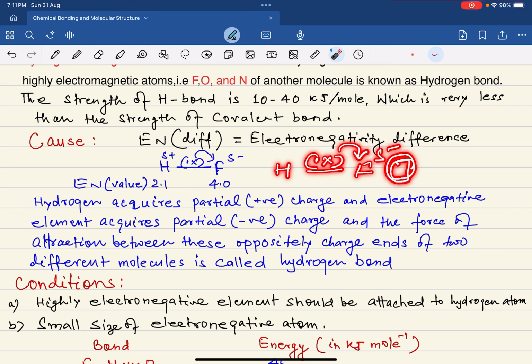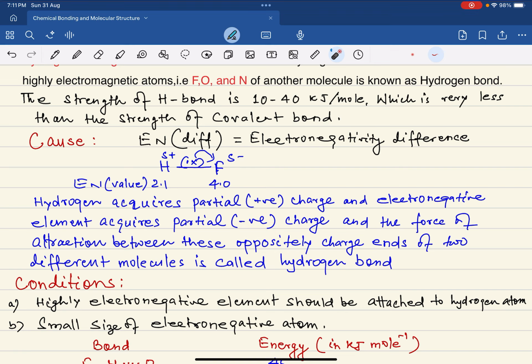So fluorine acquires a partial negative charge and hydrogen acquires a partial positive charge. Then the HF molecule becomes dipolar.